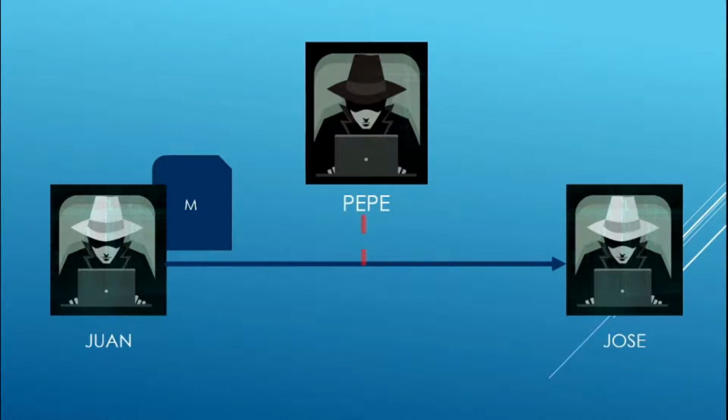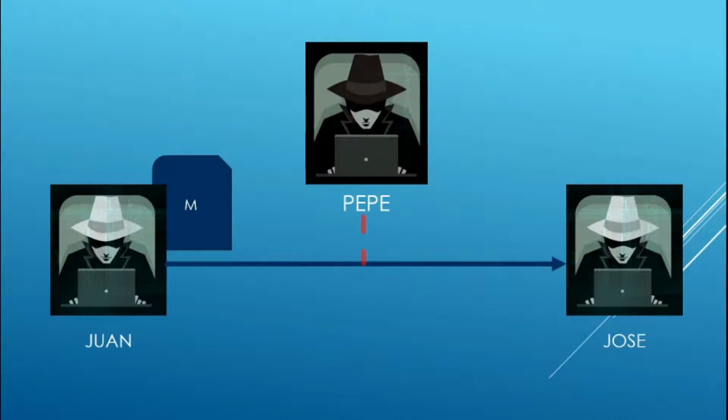So meaning to say, even though hindi allowed na makita ni Pepe yung message, is nakikita niya because insecure nga yung connection. So, ano ba yung pwede natin gawin on this scenario?